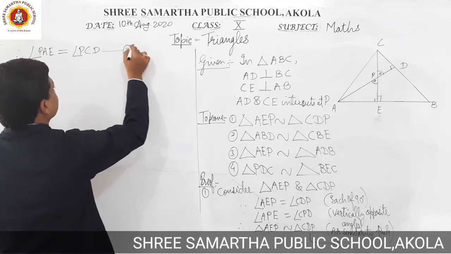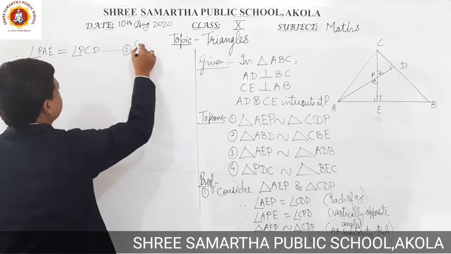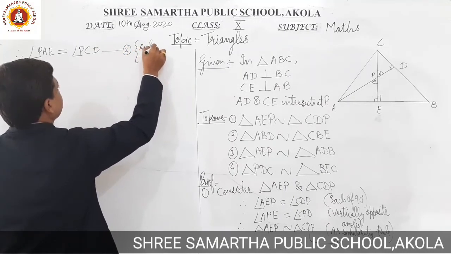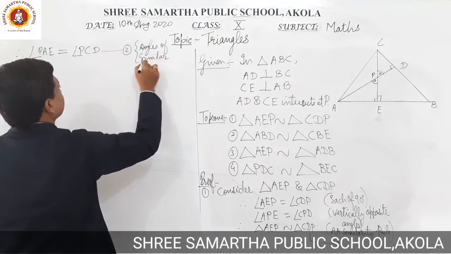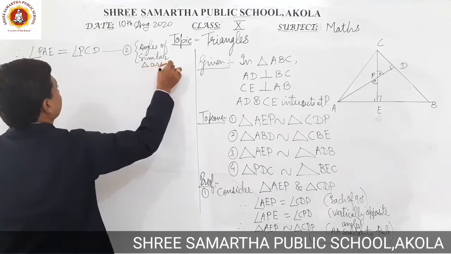Equation number 2. Angles of similar triangles are equal.